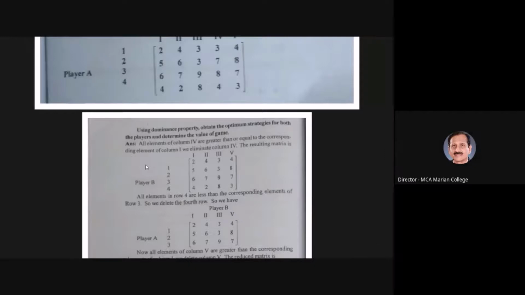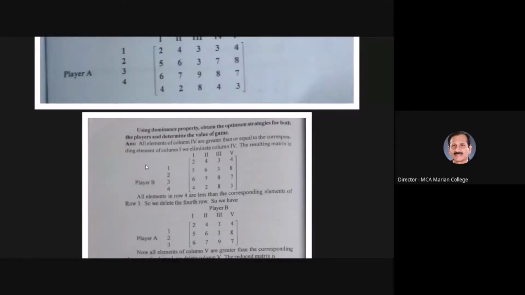If he chooses row 4, or strategy 4, all the corresponding values in the fourth row are less than or equal to the values in the third row, which corresponds to strategy 3. So logically we can say that player A will not choose row 4.